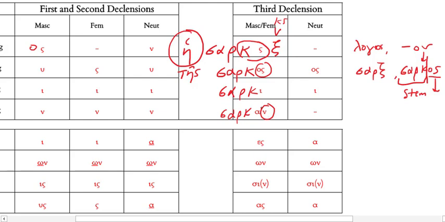So when I've got that little slash, it means either or. The alpha is the most common one, but sometimes nu will be the accusative case ending. For sarx, it's going to use the alpha, always. But there are other third declension nouns that will use the nu instead of the alpha, and we just have to know. We're going to learn those as we come to them.